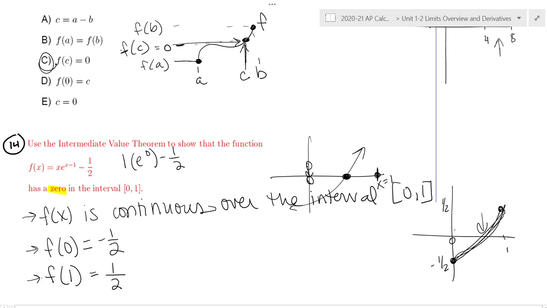So after these three things are answered, let's make a continuity statement here to show that that 0 will exist.